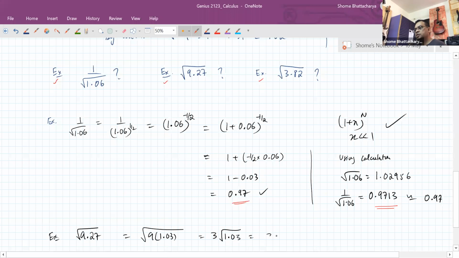So it is 3 into 1 plus 0.03 to the power half. Okay. And then on this expression with the power, you can apply binomial approximation. So a bit of algebraic manipulation involved, okay, but still you can see.